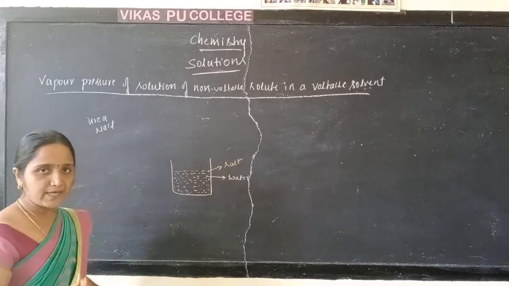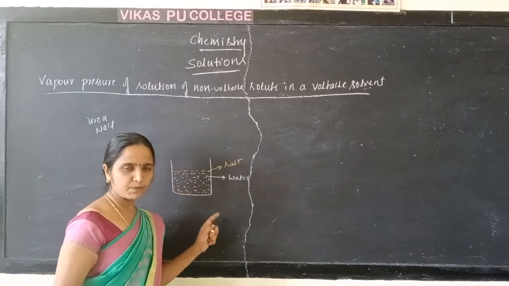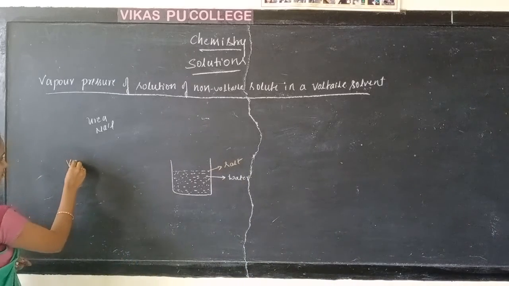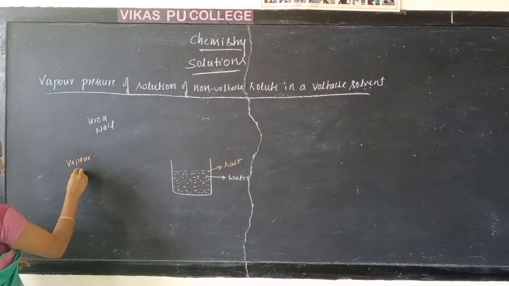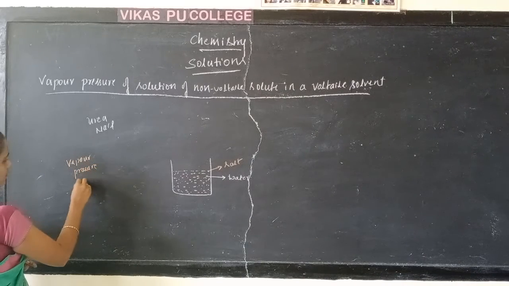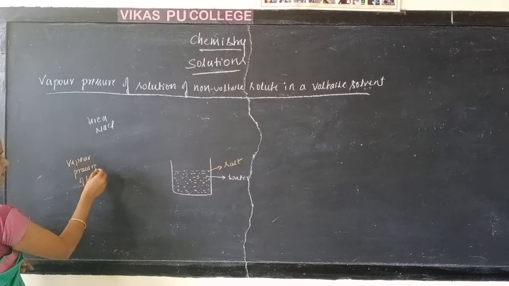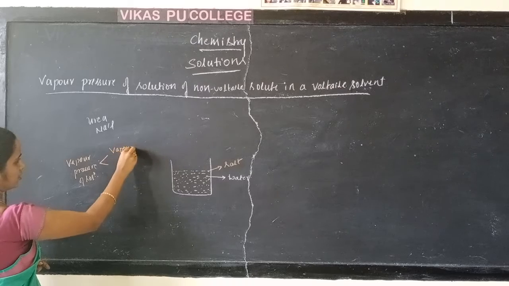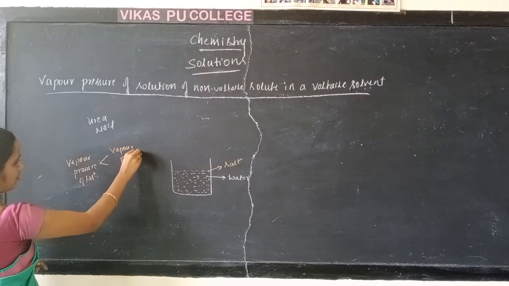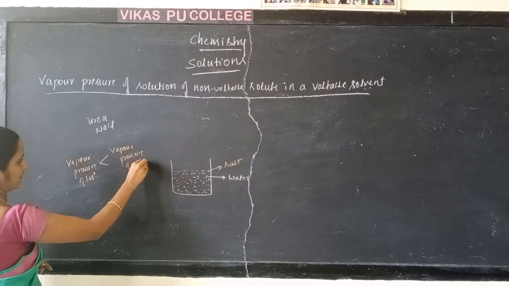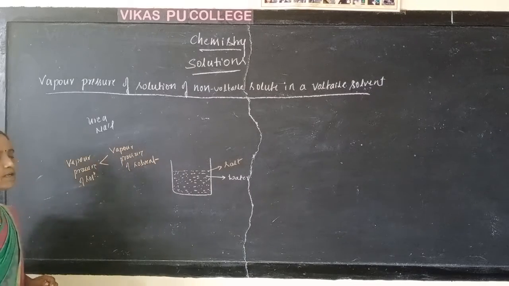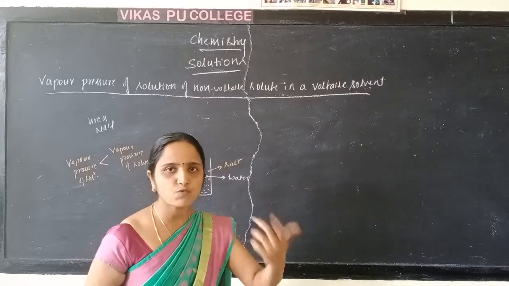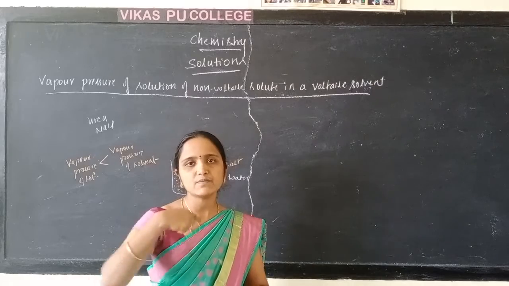Why is it so? The vapor pressure of the solution is less than the vapor pressure of the solvent. Because at first it contains only the solvent, which is volatile, therefore the vapor pressure is more.